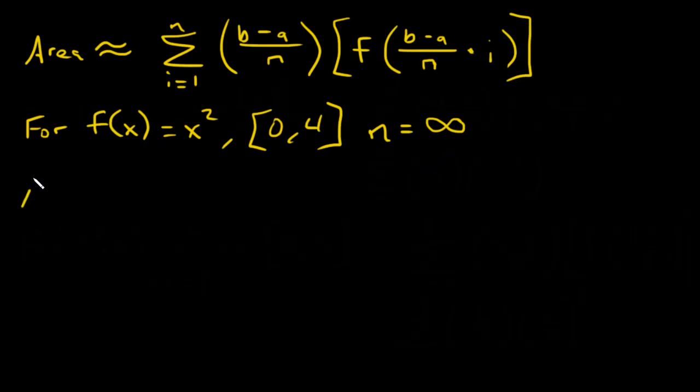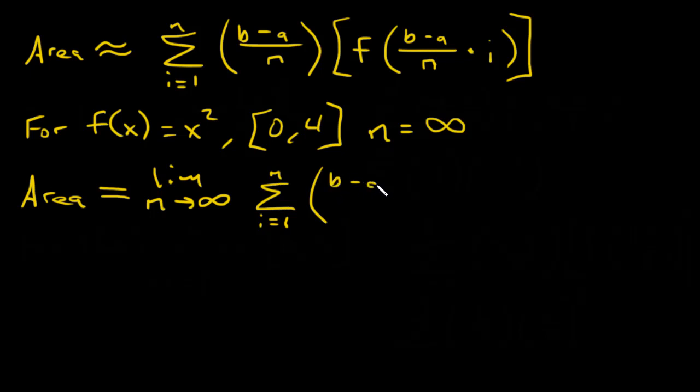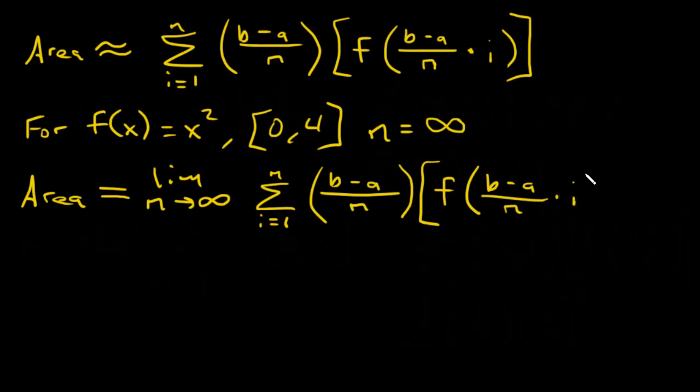Now I can write this as, the area does not approximate, the area equals the limit as n goes to infinity of summation i from 1 to n of (b minus a) over n times f of (b minus a) over n times i. And in our case, we have x squared. Actually, let me make the summation not quite so large.